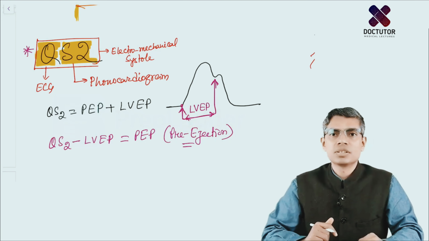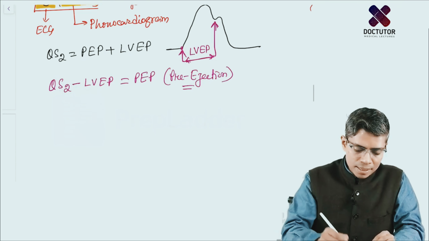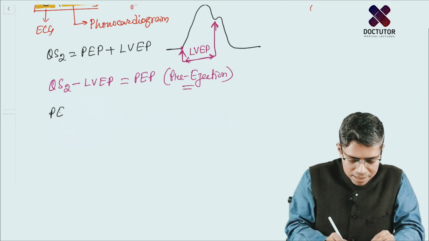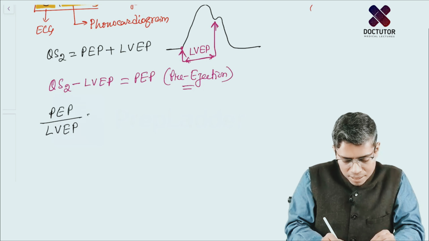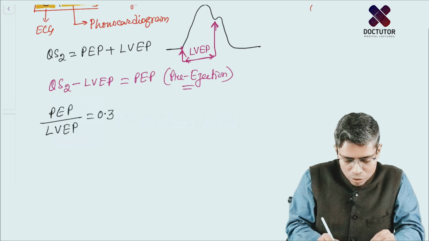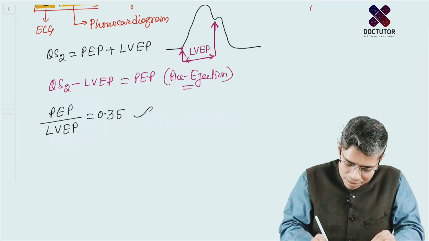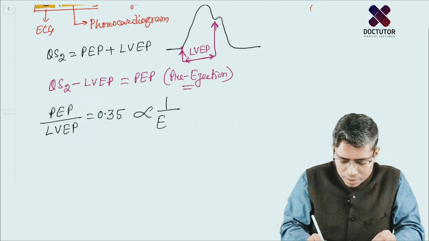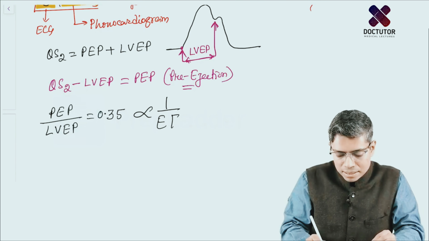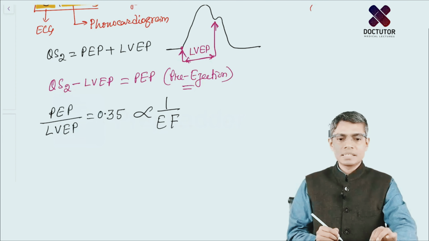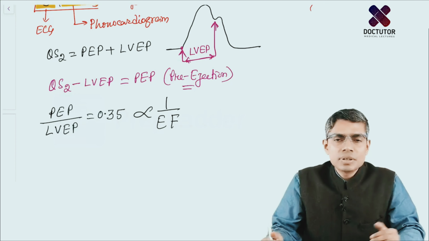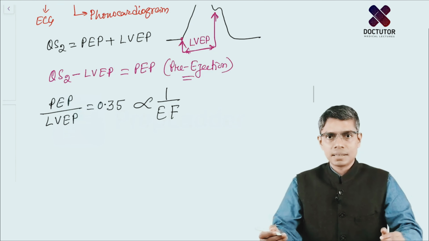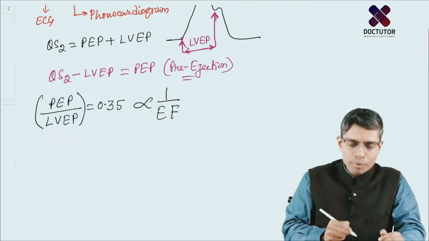Why are we calculating this? Because you know that the ratio of pre-ejection period to left ventricular ejection period is 0.35, and this ratio is inversely proportional to the ejection fraction of the heart. Ejection fraction we will be discussing in the next classes, but all of you know that. So whenever your ejection fraction is rising, what will happen?